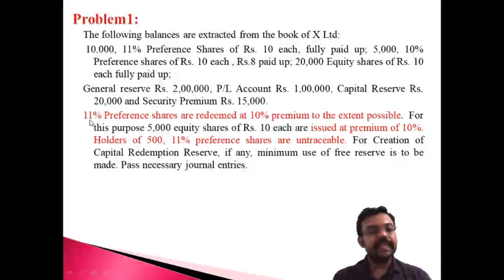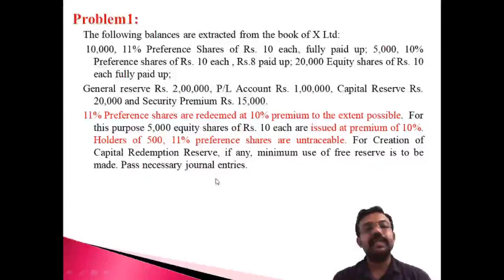The company desires that the 11% preference shares be redeemed at a 10% premium to the extent possible. For this purpose, 5,000 equity shares of rupees 10 each are issued at a premium of 10%, and holders of 500 11% preference shares are untraceable.